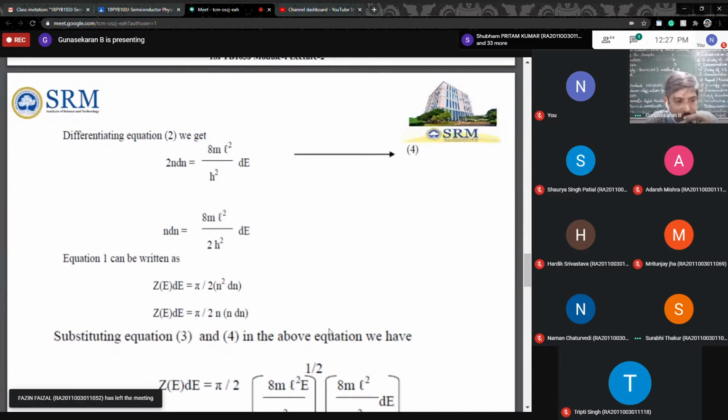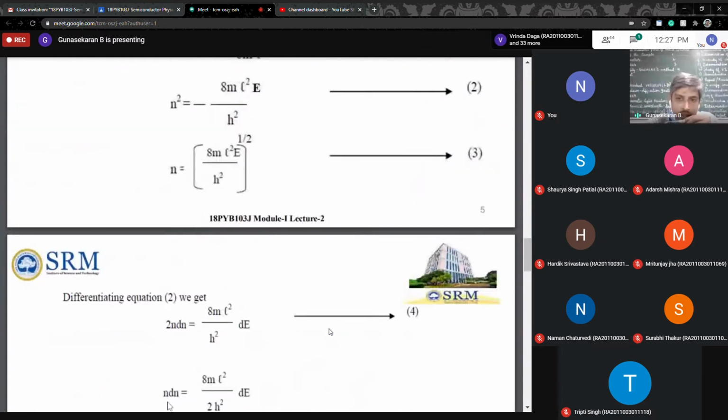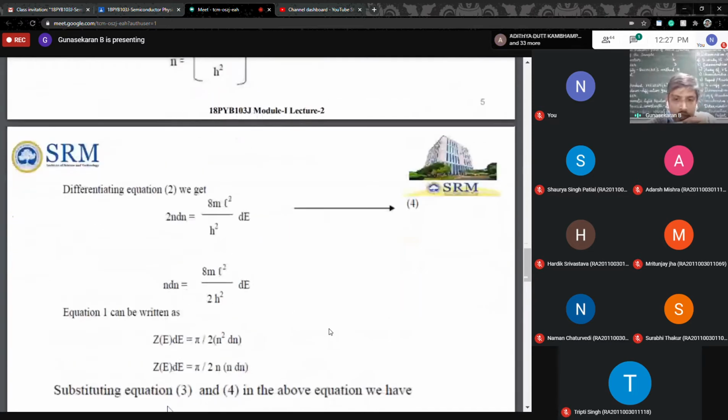Is it correct? Yes, sir. See that the Z of E dE is equal to pi by 2 n square dn, or the Z of E dE is equal to pi by 2 n into n dn. So the term I am going to write here is n into n dn. Now I substitute n and n dn, where equation 3 gives n and equation 5 gives n dn.